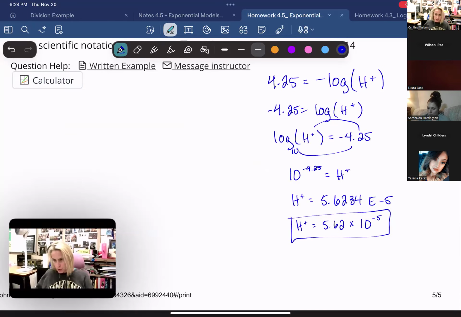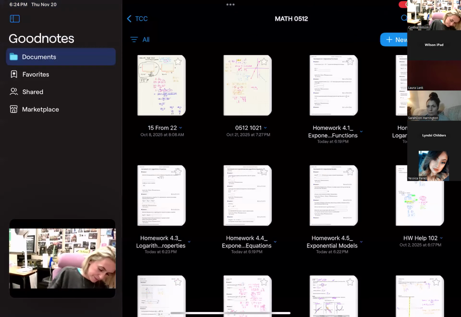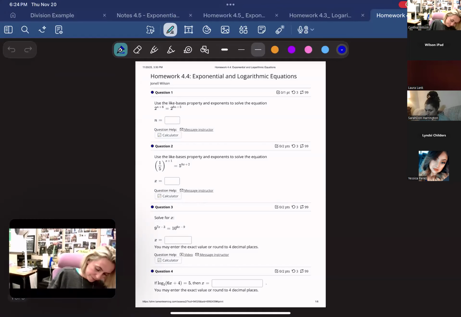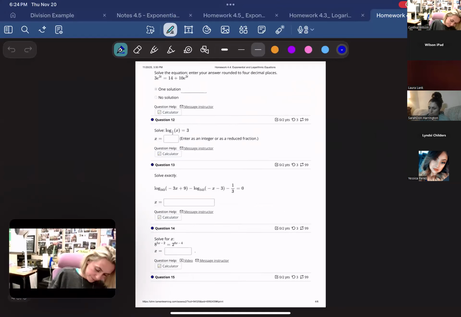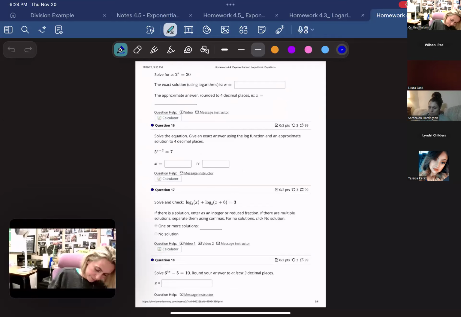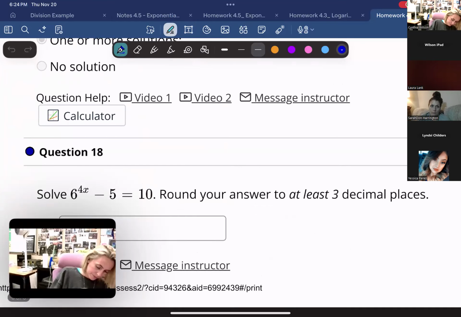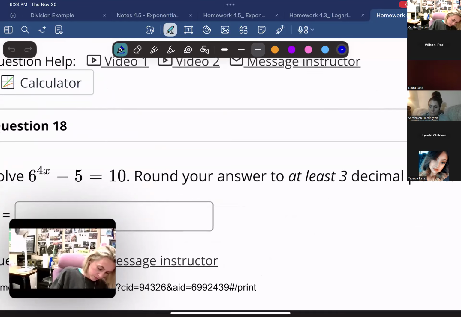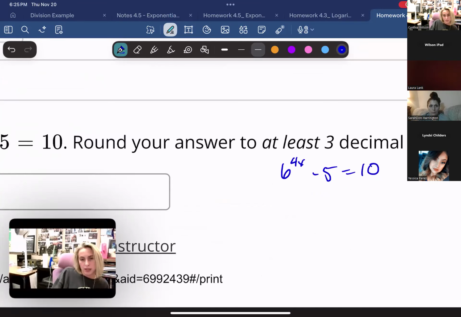4.4, number 18. Okay, so you're gonna add the 5 first.